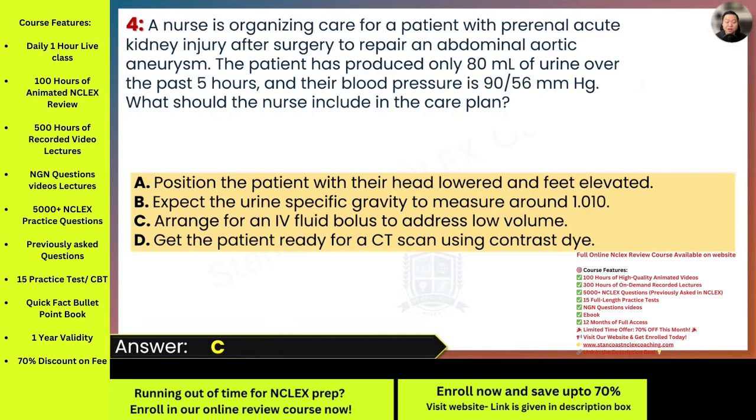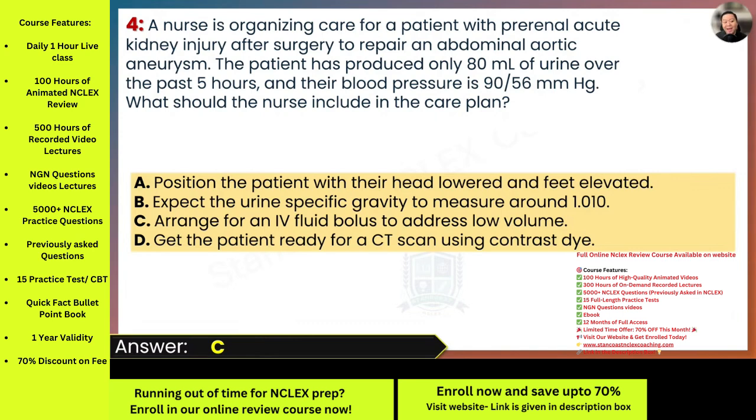And the use of contrast dye in acute kidney injury should be avoided if possible, because this can lead to contrast-induced nephropathy, which will further damage the kidneys. And so the clue here in option D is using contrast dye. This is a red flag, and the nurse should avoid this type of procedure in patients with known acute kidney injury because of its nephrotoxic effects.